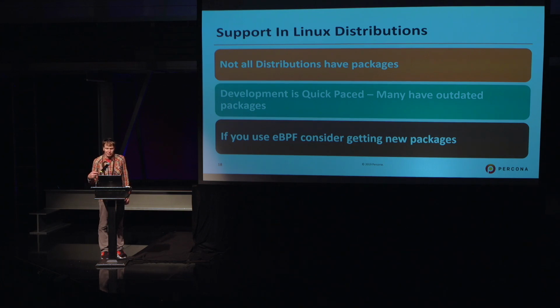Now we can see a lot of the distributions start to ship something in eBPF. But that adds another danger. You may have the packages for those actively developed utilities like BCC, for example, which are kind of outdated, and they don't have all the tools, or the tools are not as good quality as you can get. So my recommendation, if you're using eBPF actively in your environment, is to try to get the fresh packages.